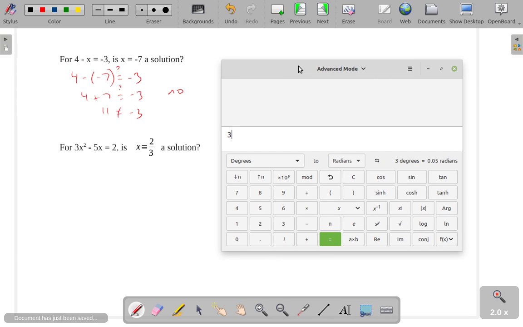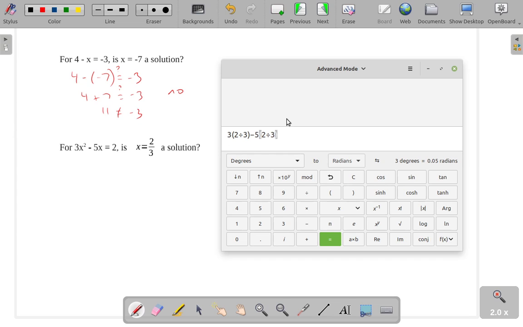So I'm going to type in 3 parentheses 2/3. For my 2/3, you can see I put it in parentheses just like I did my negative value there. And for 2/3, I'm just doing 2 divided by 3. There's nothing special there. Then I'll go ahead and type in minus 5 parentheses 2/3. And you don't type in equals 3 when you're checking it on your calculator.